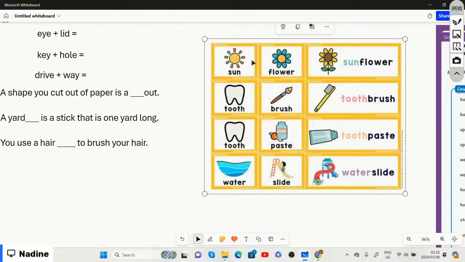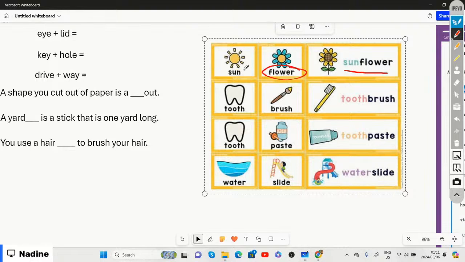If we put these two words together, we get our answer, which is sunflower.